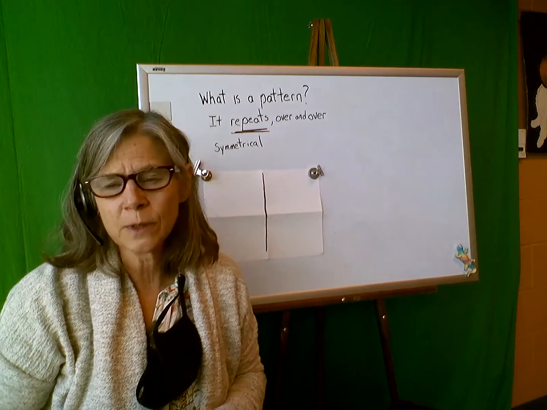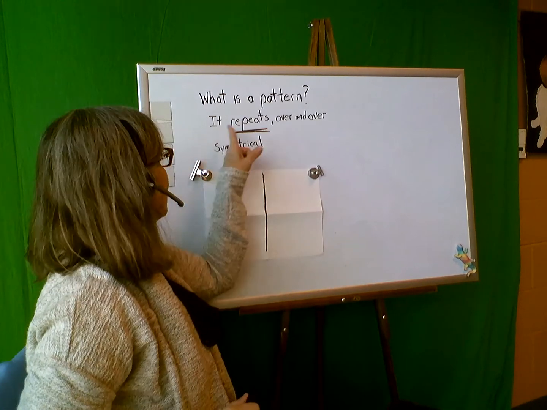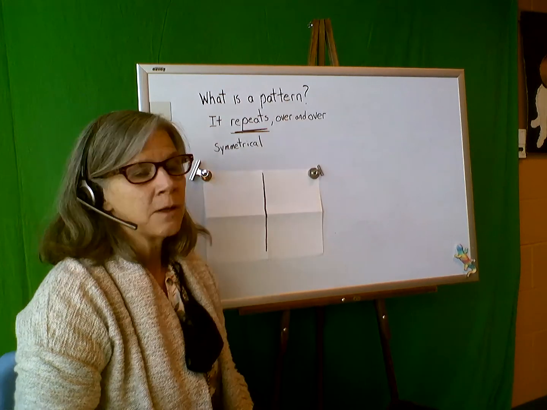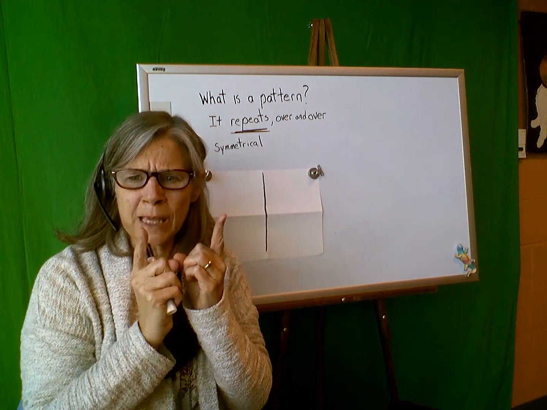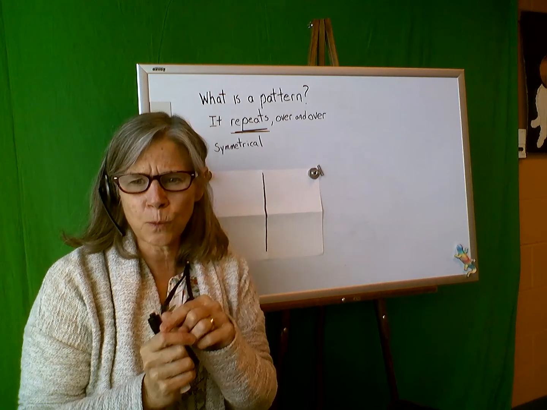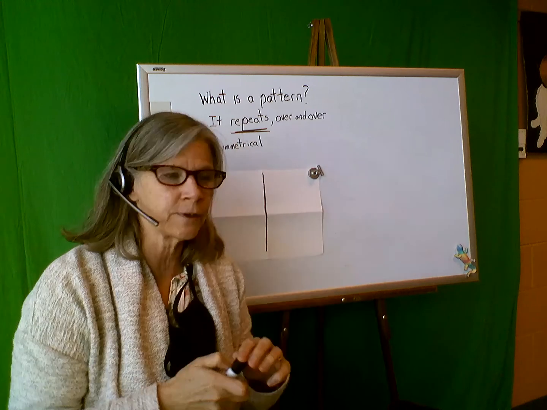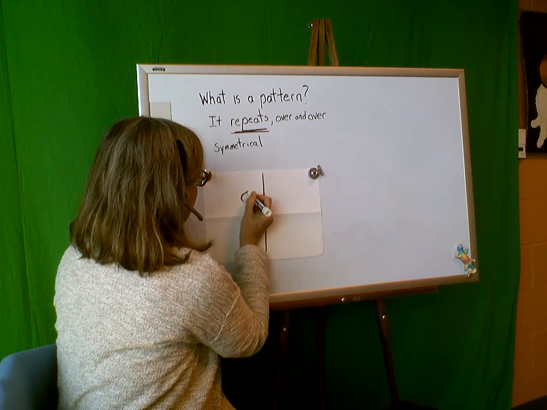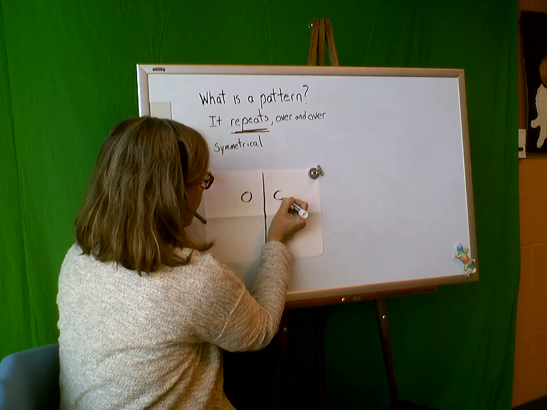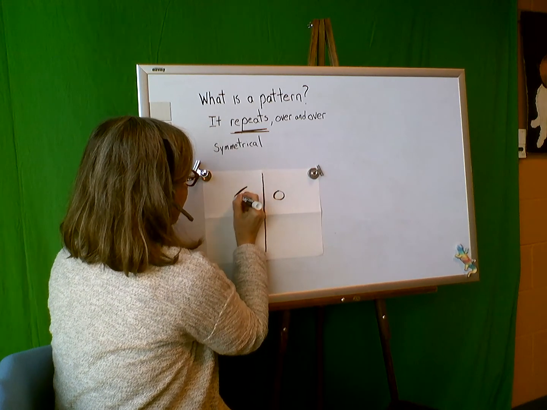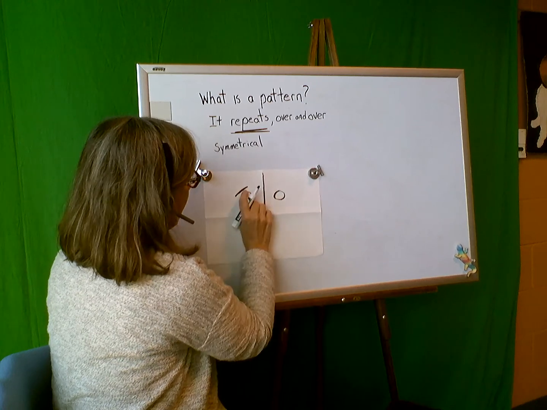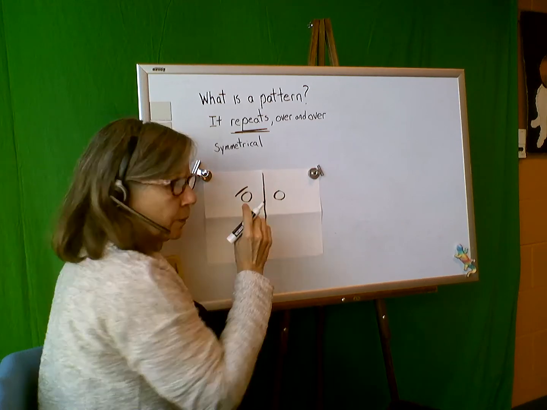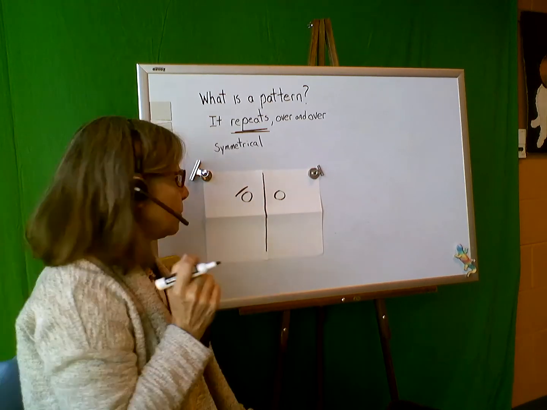All right, so again, in symmetrical, I am repeating, I am making a pattern, but I'm making just sort of simple baby patterns. I am doing one thing, and then I am doing the reverse on the other side. So I'm going to put a circle on this one, which means I'm going to put a circle on this side. And if I put a diagonal line over here, I've got to do, let me think, what do I have to do?